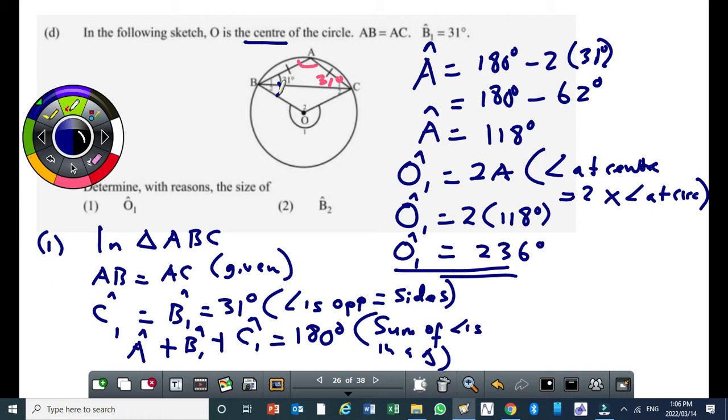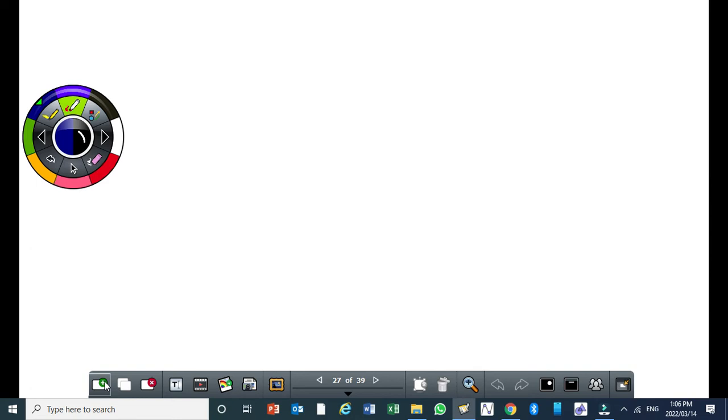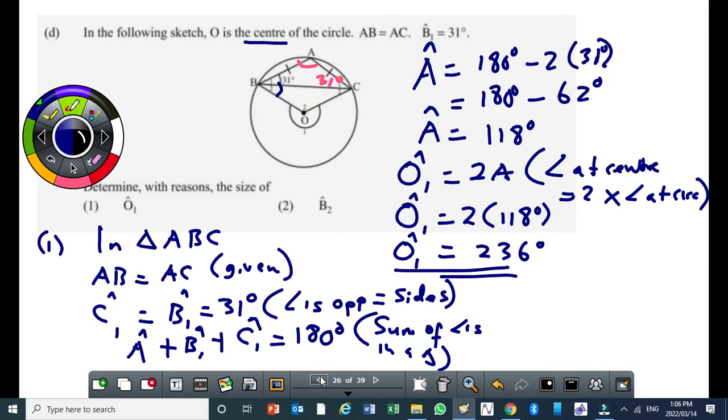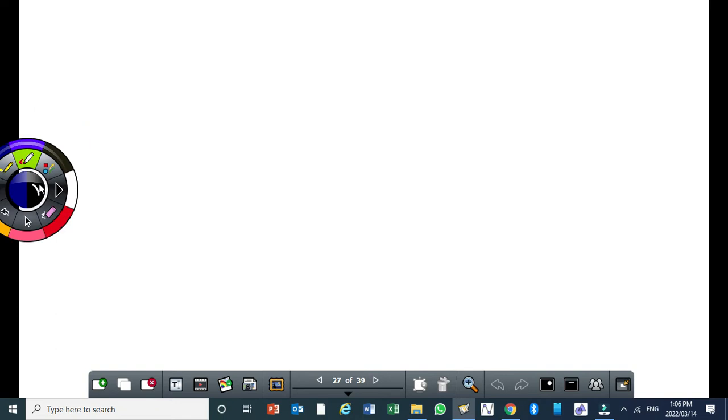So you need to know how to approach that. This is how you should do it. First thing, you must write that OB is equal to OC and give a reason that they are radii. So this is number 2 now. We say OB is equal to OC, and they are radii of a circle.